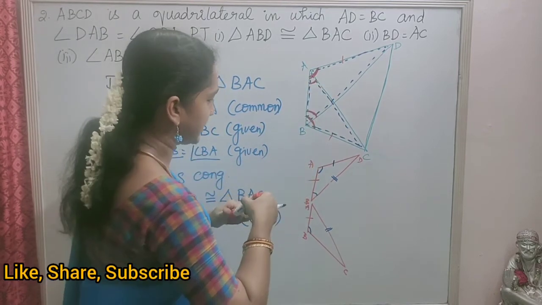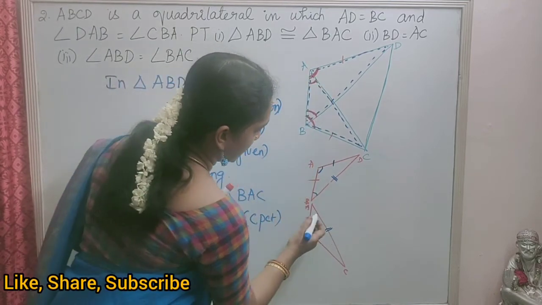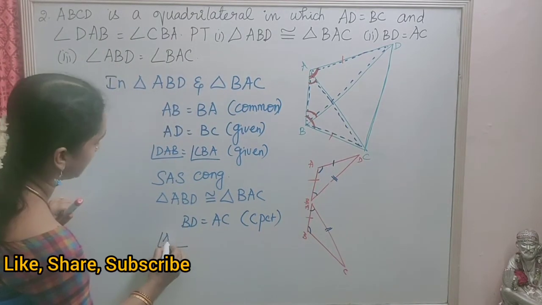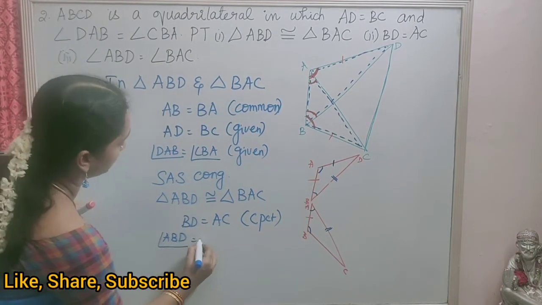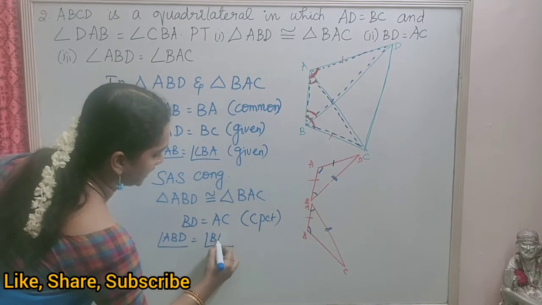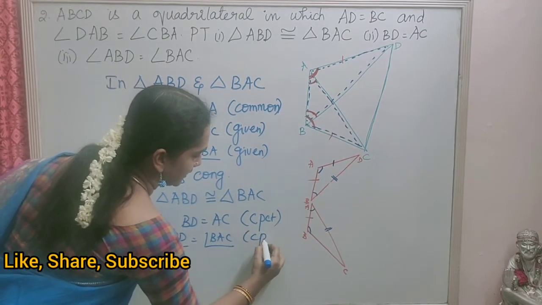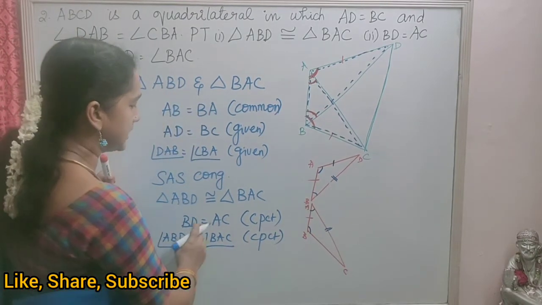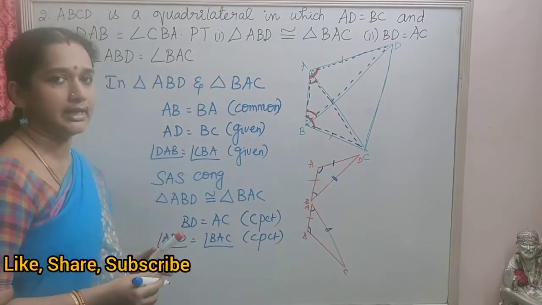That one you can say by CPCT: angle ABD is equal to angle BAC by CPCT. These two parts are equal.